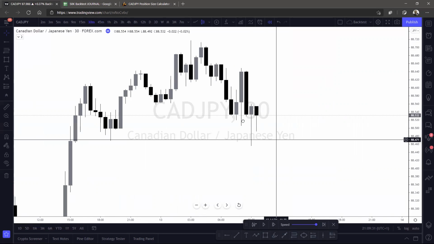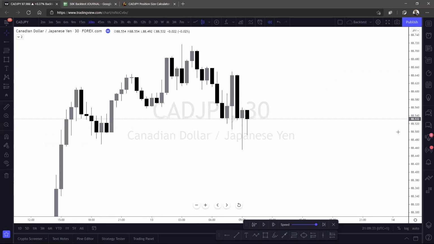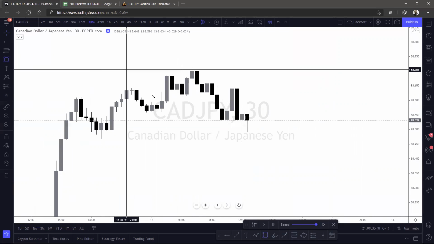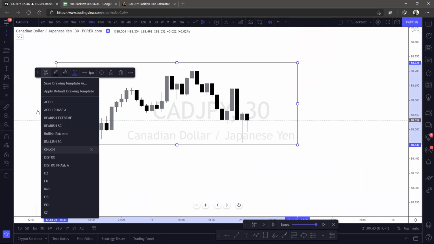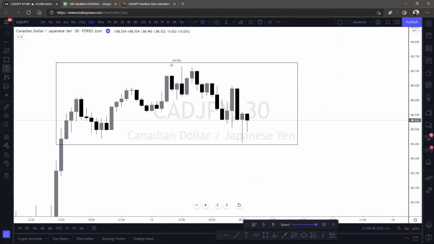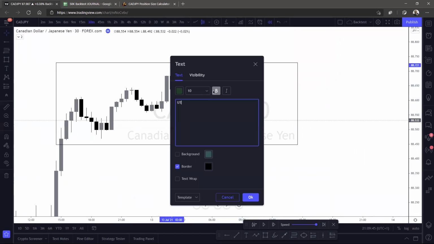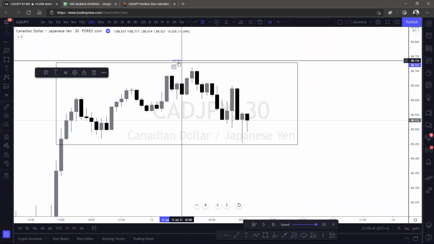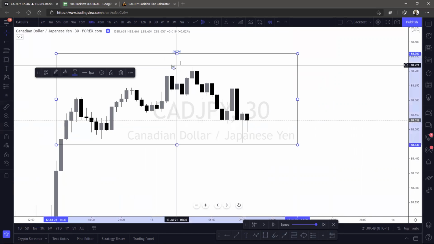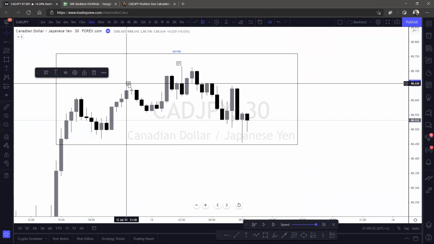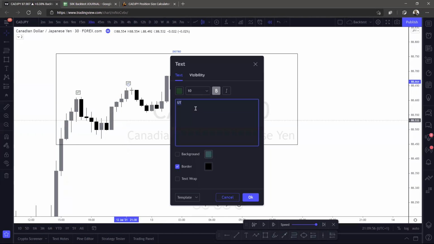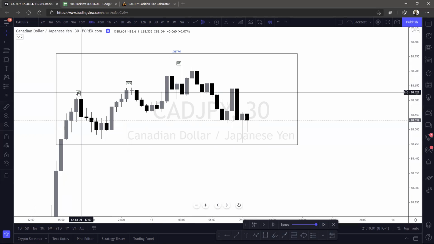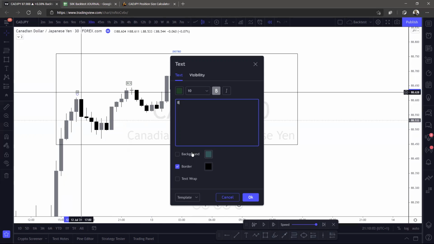Okay, we have a break of structure. There's another distribution. That's our base climax.